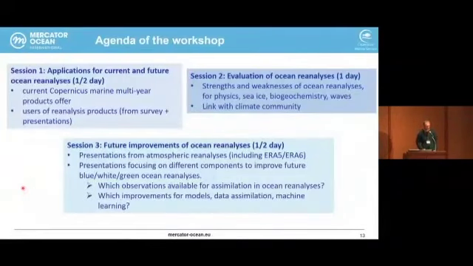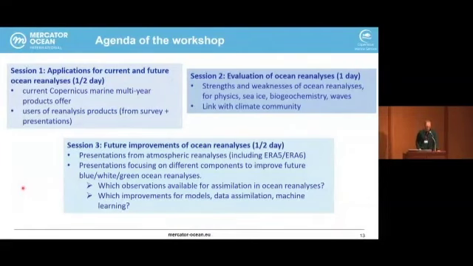In terms of agenda, this was split into 3 sessions. One dealt with different applications, because this is something maybe new compared to the last 10 years. The second session targeted the evaluation and the status of different analyses, and we tried to show the strengths and weaknesses, and also to make a link with the climate community, which is a user of this ocean Reanalysis.